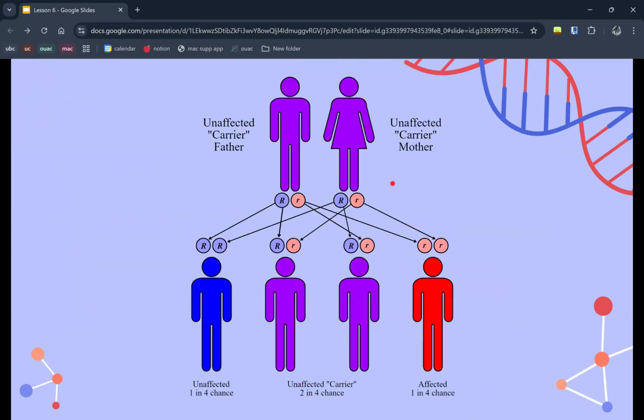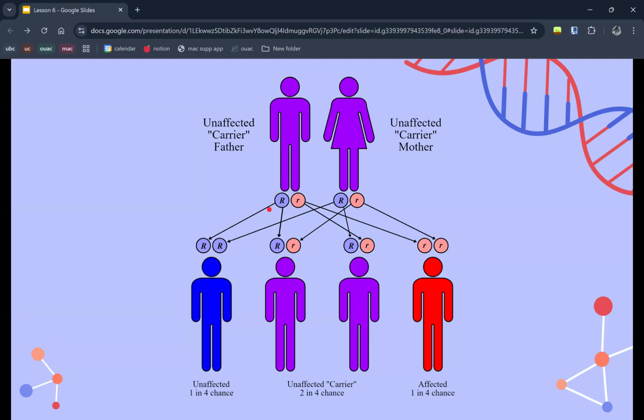Okay, so this is a diagram that basically demonstrates the same thing as a Punnett square, but we can see how we look at the separate alleles of the father and the mother, both of which are called carrier parents because they have these recessive alleles present. In this case, the recessive one is the red lowercase r.